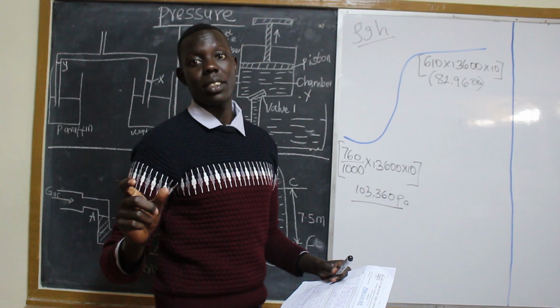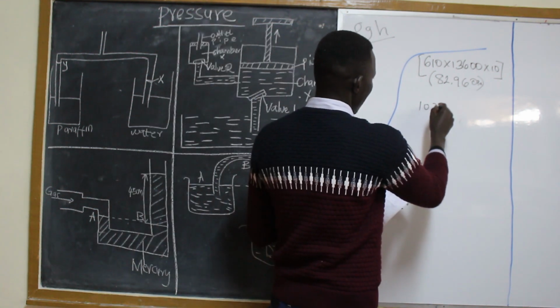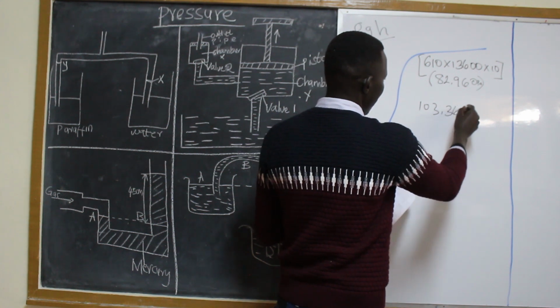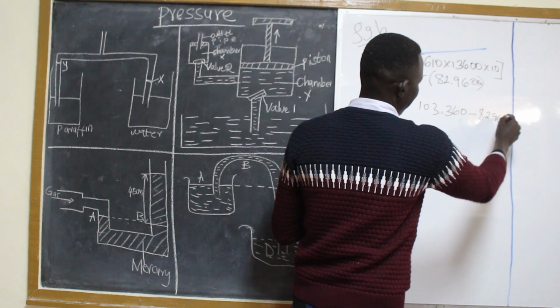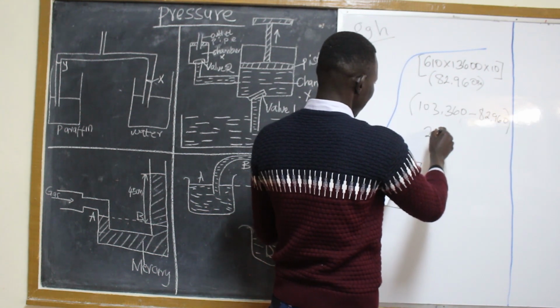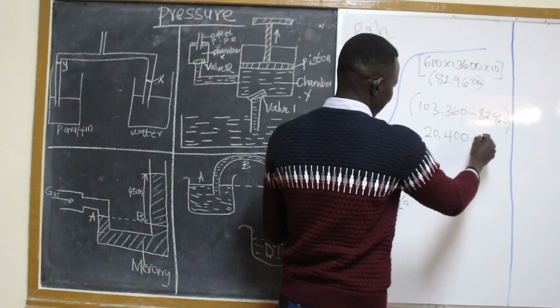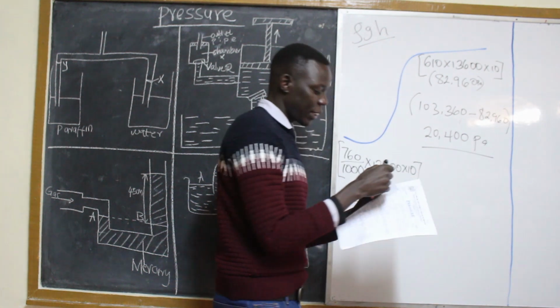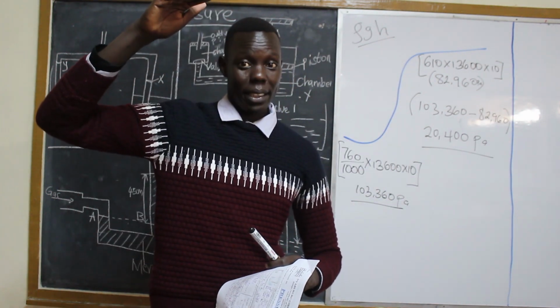Let's get the difference in pressure. So it's simply 103,360 minus 82,960. We get 20,400 pascals. This is the difference in pressure between the lowest part of the mountain and the highest part.